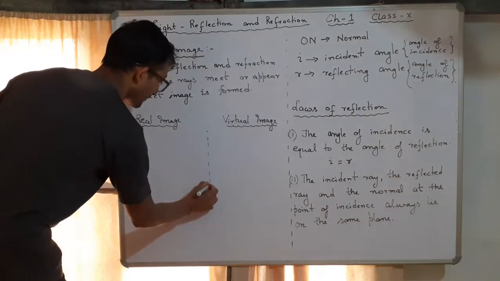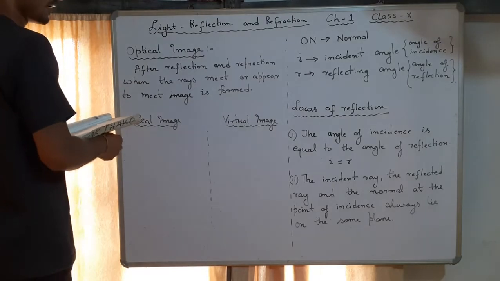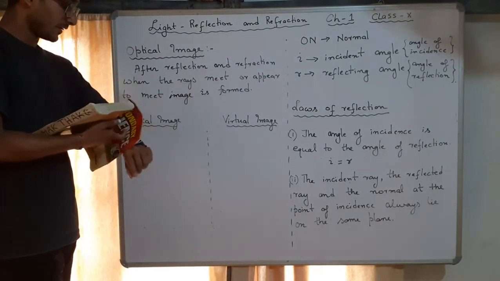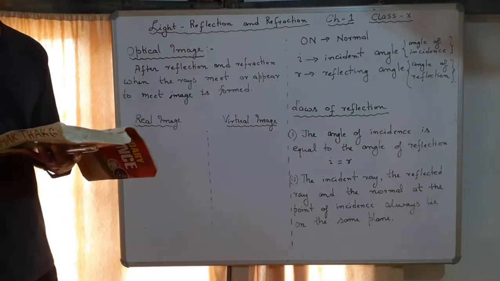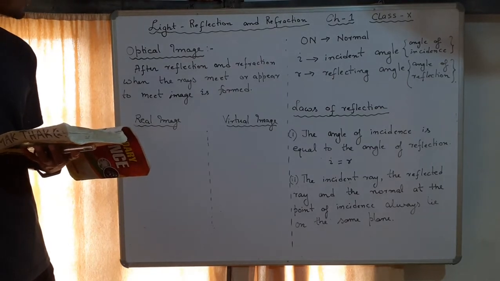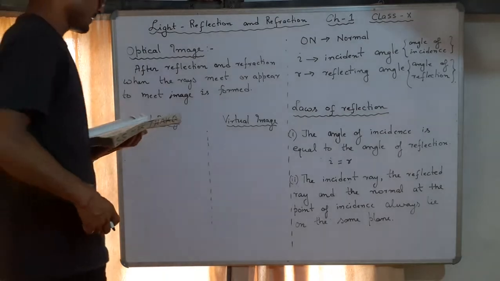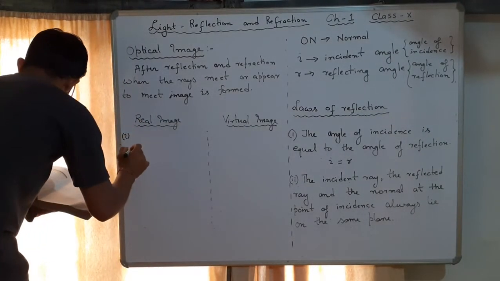Two different parts of the image. A real image, from the name itself, suggests that it is real in its visibility as well, and virtual is usually by the lines which appear to be meeting, not actually meeting. So there are some basic differences.